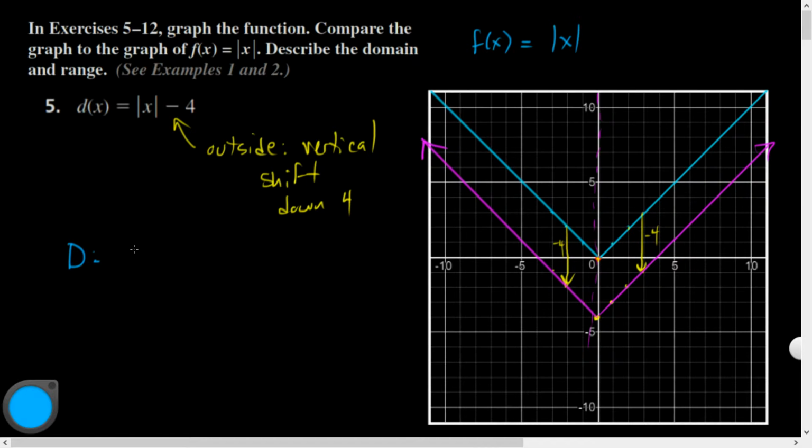And so the way we would describe that is all real numbers. The domain is all real numbers, right? It covers everything. Another way you can write that, by the way, is you can say it goes from negative infinity to positive infinity, but not including those values, because infinity and negative infinity are not actual numbers.